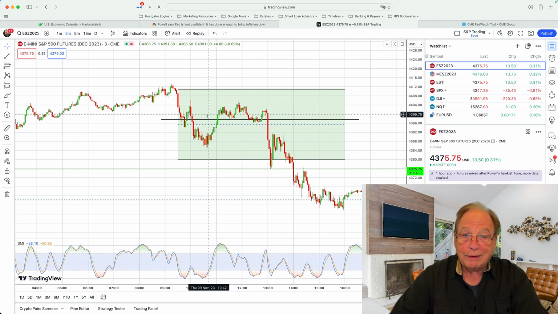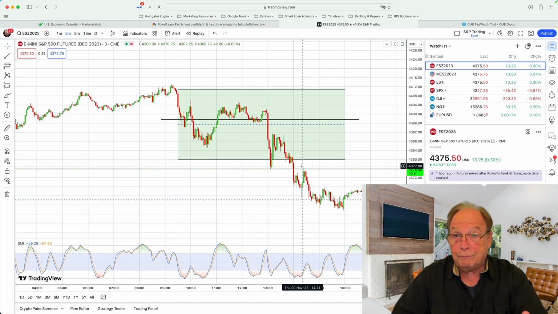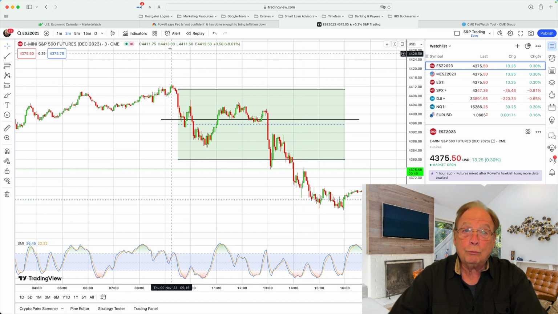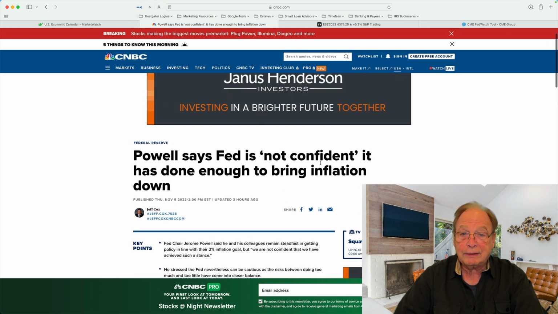As far as yesterday, the market actually respected the support level of the calculations at 43.80, twice, but then, based on Chairman Powell's words right here at 2 p.m., you see my cursor is right at the 2 p.m. mark, the market fell out of bed. Powell said the Fed is not confident it has done enough to bring inflation down.